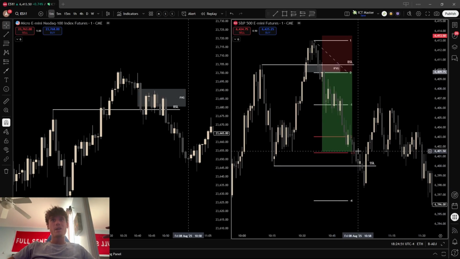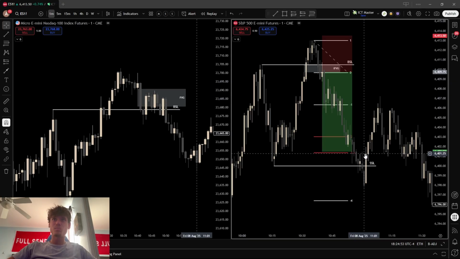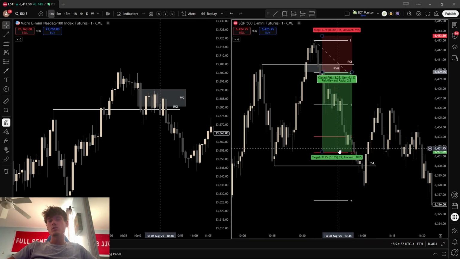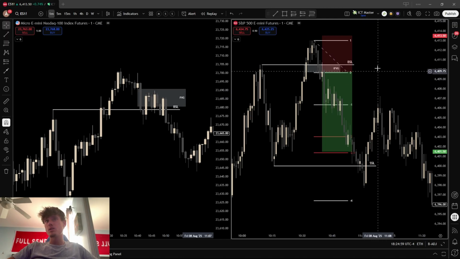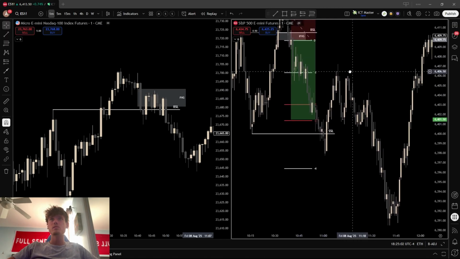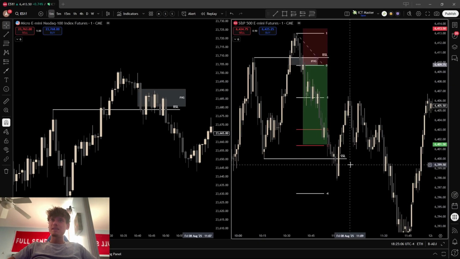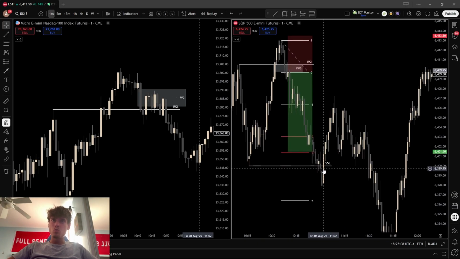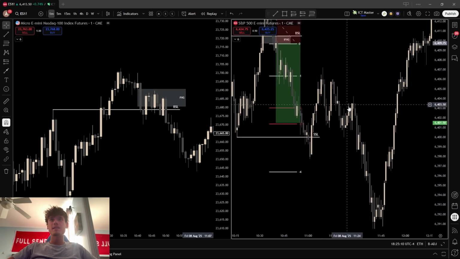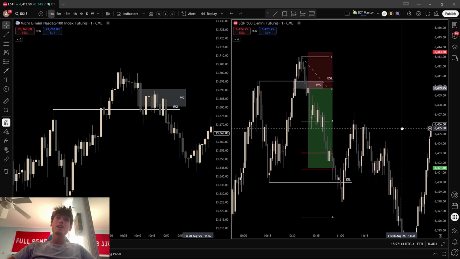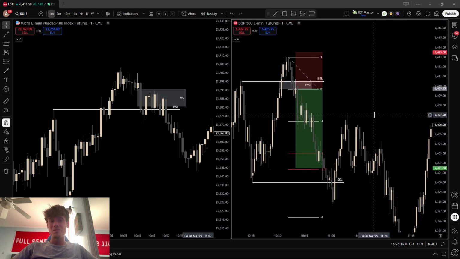So to be safe, and because I really wanted to stick those profits in, I targeted this -2.5 just in case we do a little early reversal, early tap and go, and continue our uptrend upwards. But I was slightly wrong, slightly right, because at the end of the day, we did sweep the sell side, continue upwards, and then continue that trend down. So, hey, I'm still happy with the profits I was able to pull out of this.